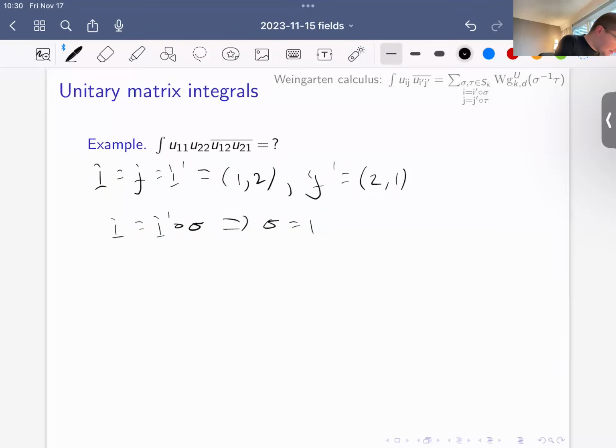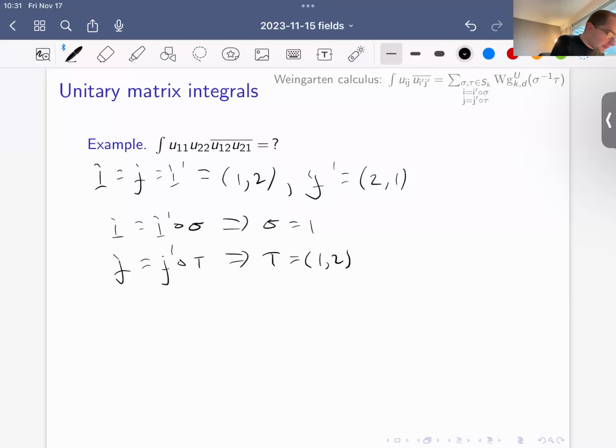And then the second constraint, the one on the bottom here, if you work out what this means, it's going to force tau to be the permutation 1, 2.